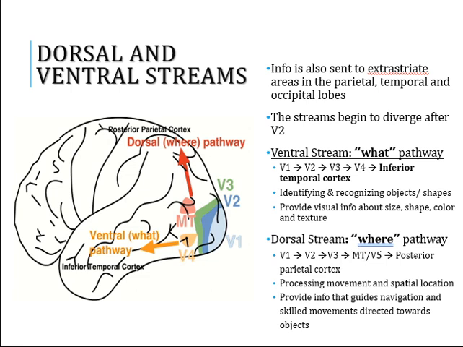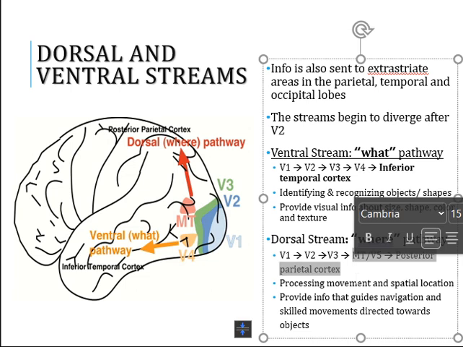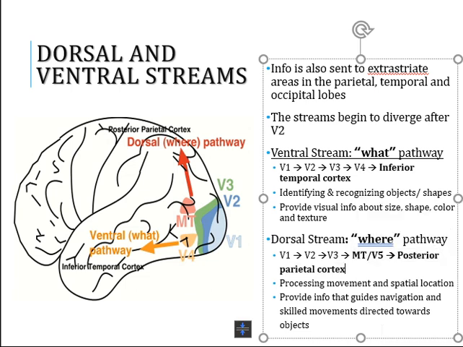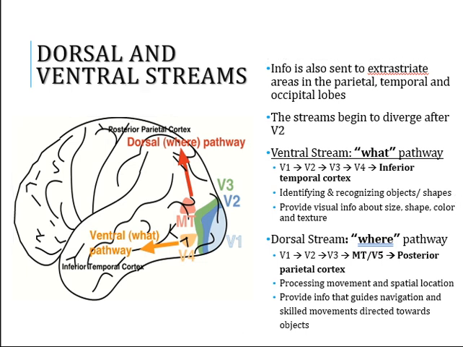I'm going to highlight both of these since that is the main change here. The where pathway processes movement and spatial location and provides information that guides navigation and skilled movement. So where is something in your visual field? So dorsal, where, ventral, what?